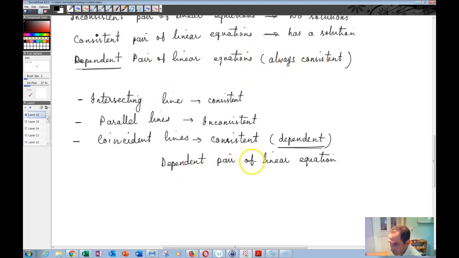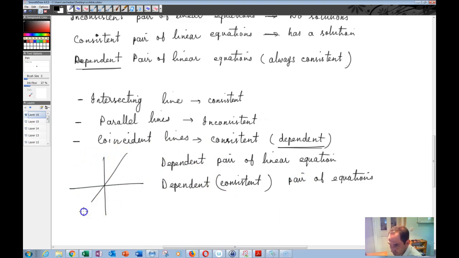So you can say a dependent pair of linear equations, or you can say a dependent consistent pair of equations. Okay, so that's the case where you have two coincident lines. For example, both of your equations can be represented by this single line over here.